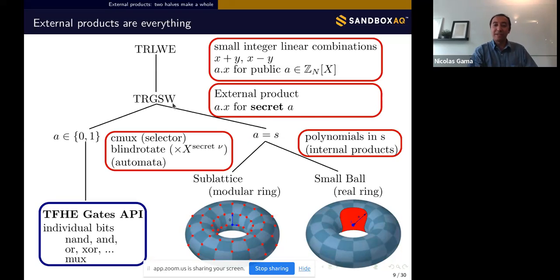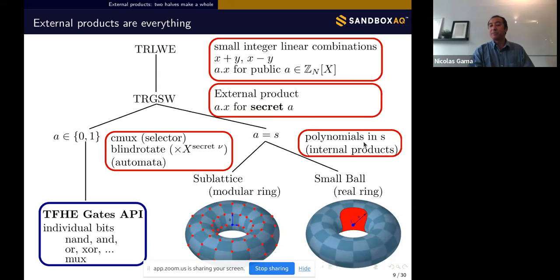And once I have this external product, I can apply it in 2 ways in the homomorphic world. Either my secret is 0 and 1, and that leads to the CMUX gate, and then to the blind rotate, and the bootstrapping of TFHE. And the second possibility was to set the small secret as the key of the ciphertext. And then it means that I am able to evaluate polynomial in the secret key.